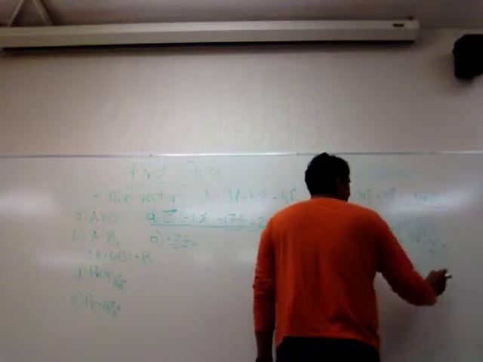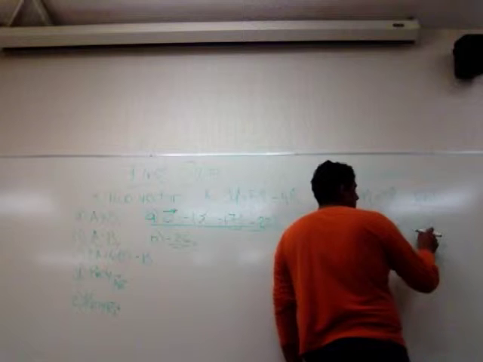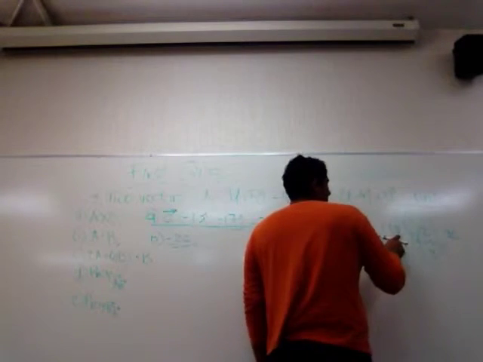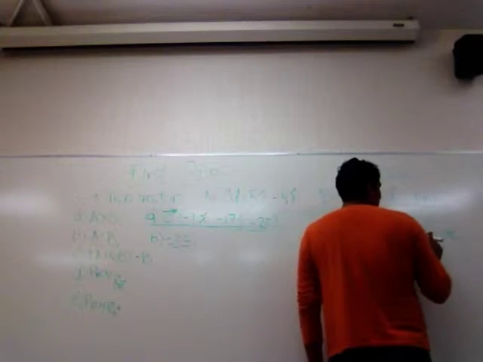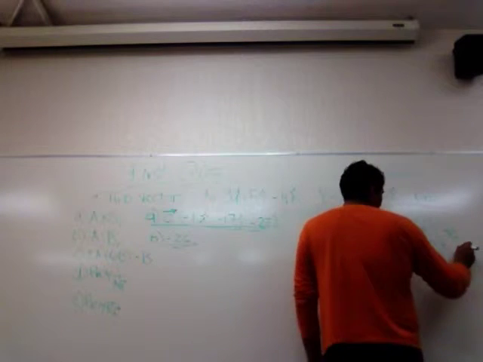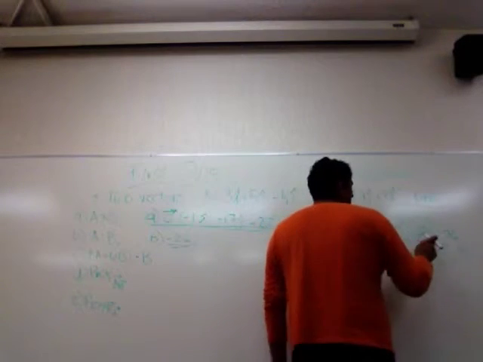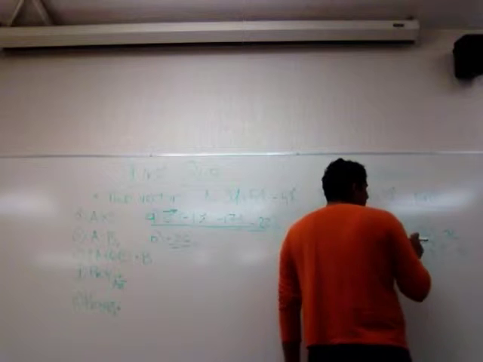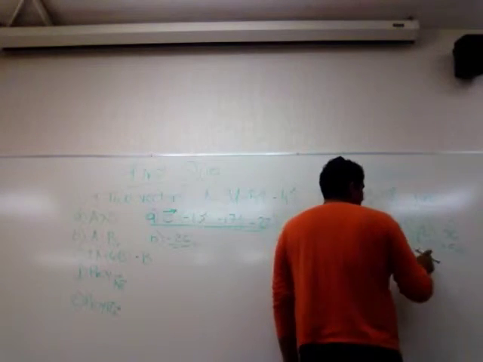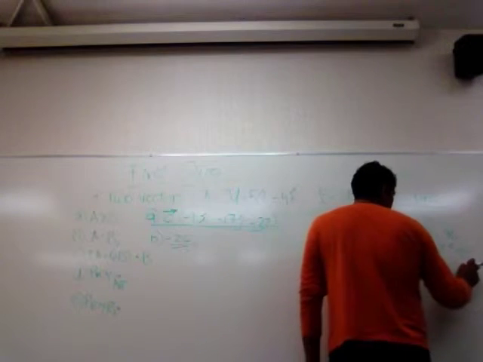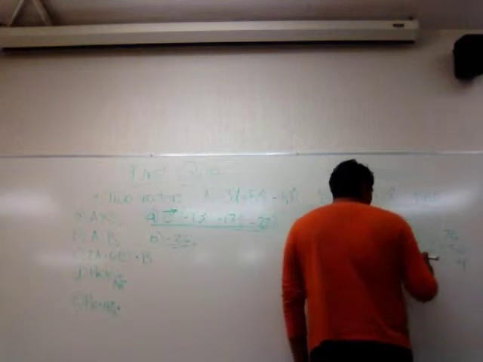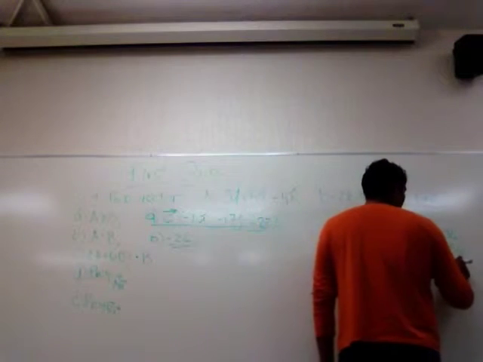And the result is 18 dot 2, 36, minus 14 dot minus 4, plus 56, and 10 dot 3, it's 30. So we have 122.